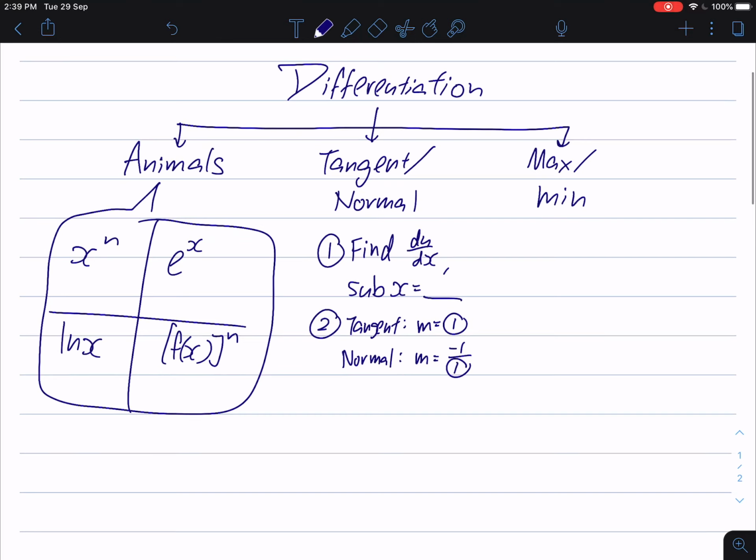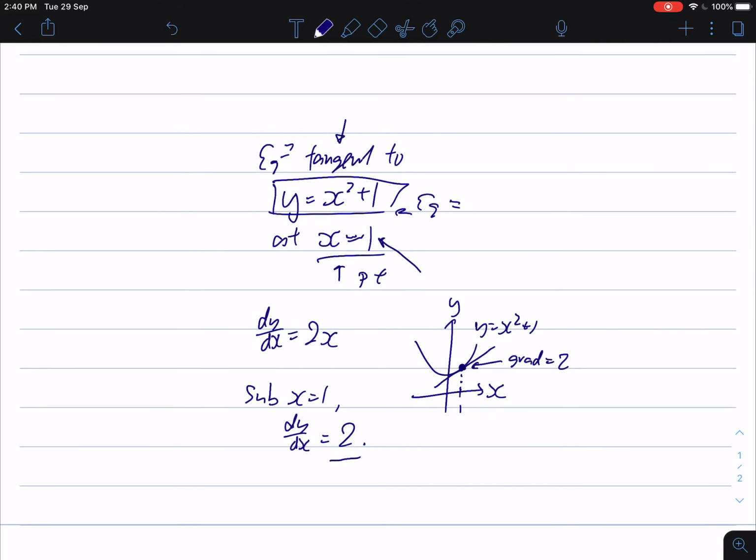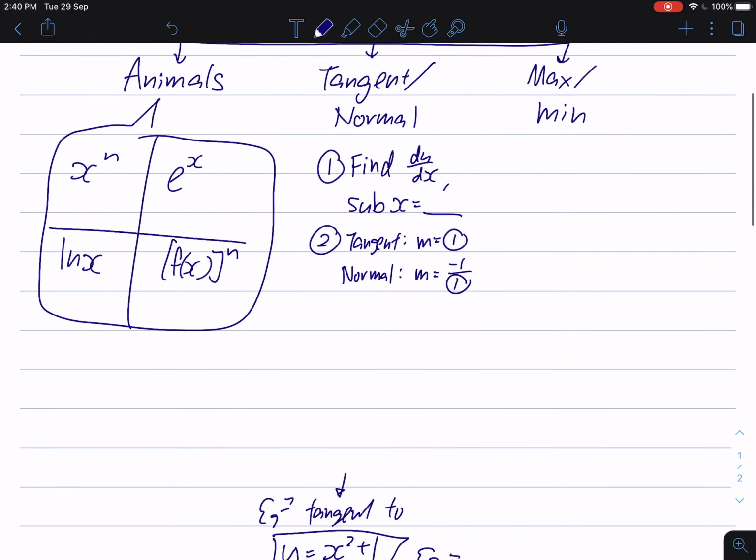Step 2 is, if you are finding tangent, let m equals to the answer in your first step. Otherwise, if it's normal, then m is -1 over your answer in the first step. So in this case, they say tangent. So I'll do this. Okay, I'll move on to the next few steps.